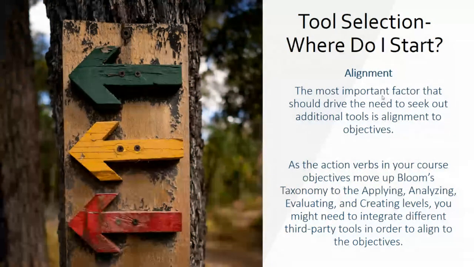And so the bottom part there says the action verbs in your course move up Bloom's taxonomy to the applying, analyzing, creating, or evaluating and creating levels. And as that happens, you might need to integrate different third-party tools in order to align to the objectives. Might be the key word. It all depends on your objectives.